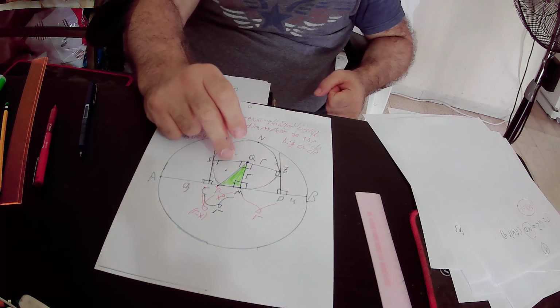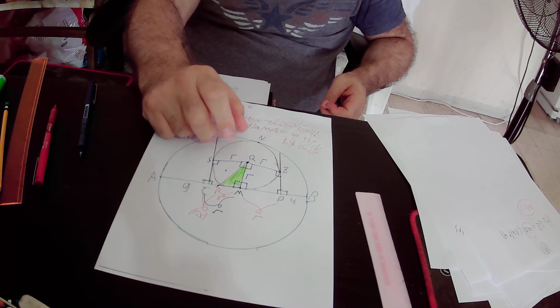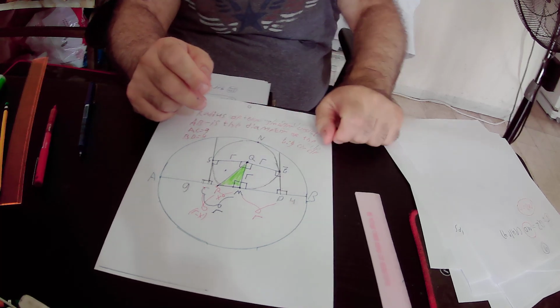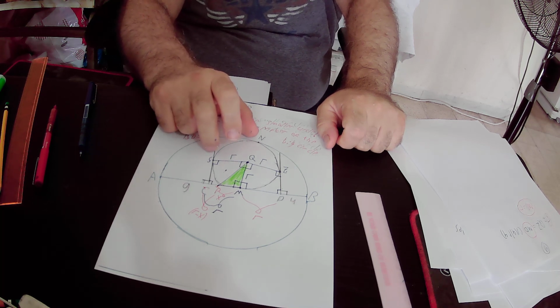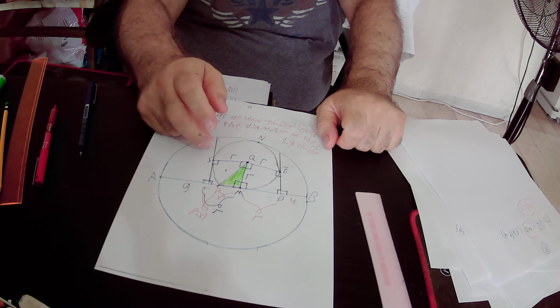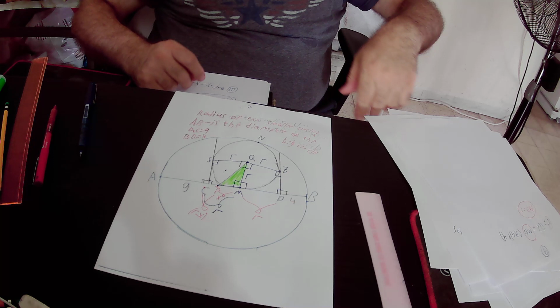And according to rule number 4, the opposite sides of a rectangle are equal to each other. So QS equals CM. But we know that QS equals small r, and CM equals QS. So CM also must be equal to small r.